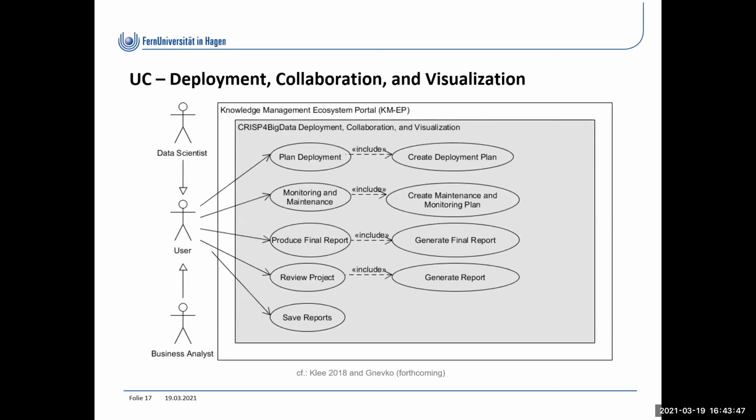In the next phase, the deployment, collaboration, and visualization phase, you plan a deployment of the outcome of the project. That means, do you only have a visualization? Do you have software at the end of the process? Who uses what, and who will implement the things?